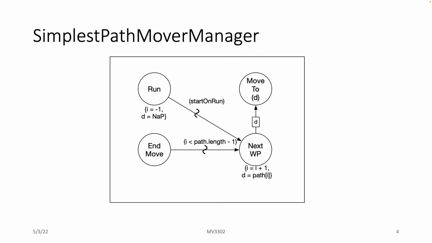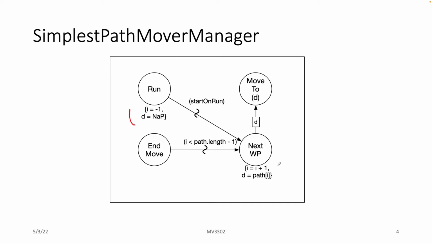Okay, so how can I do this? And here's an event graph that does this. My run event initializes my state variables. This start on run is a Boolean condition that says if that's true, then I'm going to schedule an event I'm going to call next waypoint. And what is the next waypoint going to do?